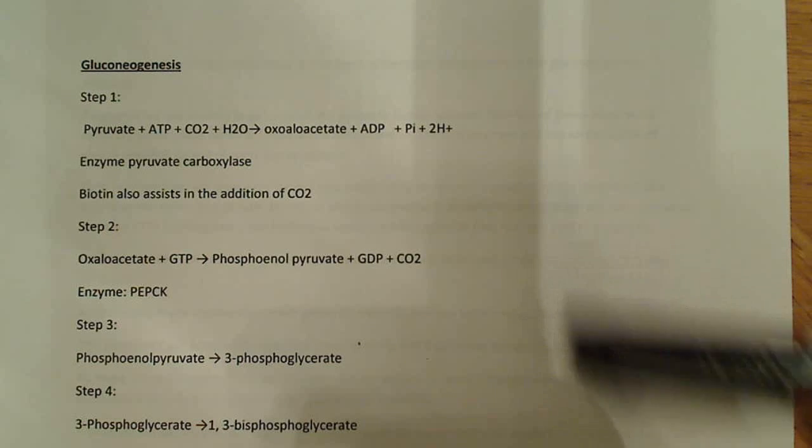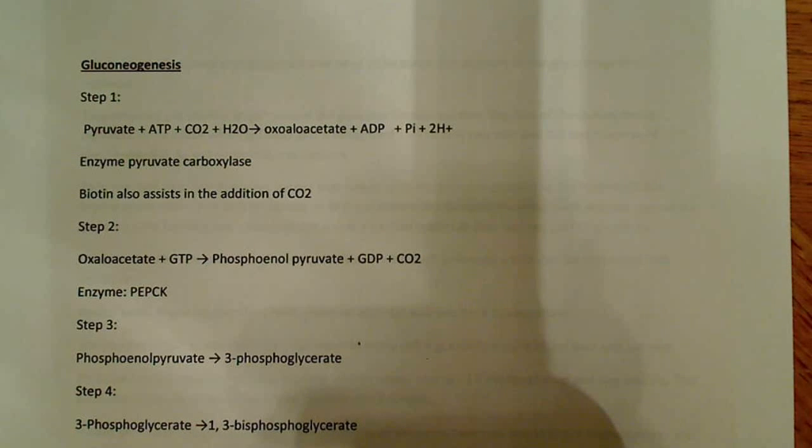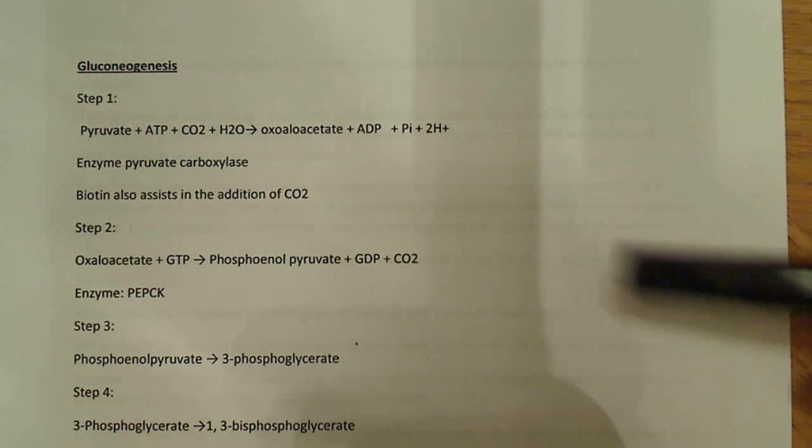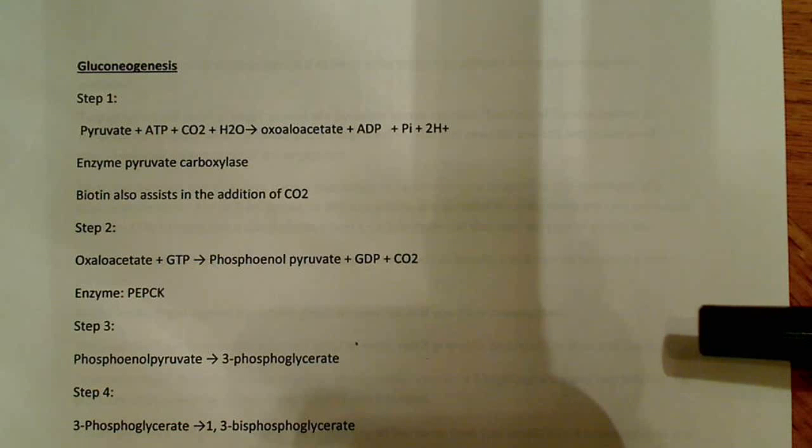GTP is another triphosphate similar to ATP, which means it requires an input of energy, so there's an energy barrier to overcome there. That gives us phosphoenolpyruvate, GDP, and CO2. The enzyme is known as PEPCK, and I believe that stands for phosphoenolpyruvate carboxykinase. That's a mouthful, so it's easier to say PEPCK.